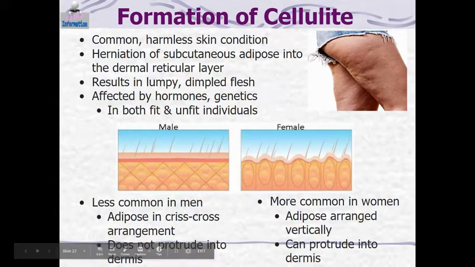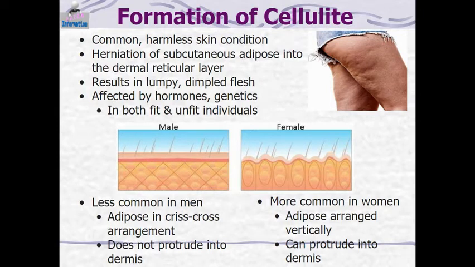Going back to a couple slides ago, when we were talking initially about the hypodermis and we said something about cellulite. Cellulite is a very common skin condition, and it's formed from the hypodermis. It's when that fat or adipose in the hypodermis somehow is getting pushed up into the dermal reticular layer.